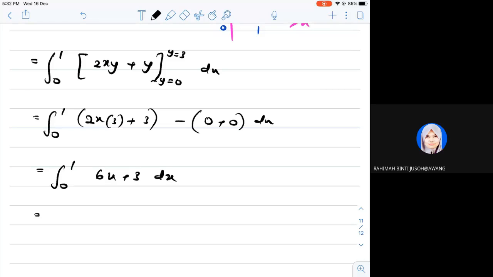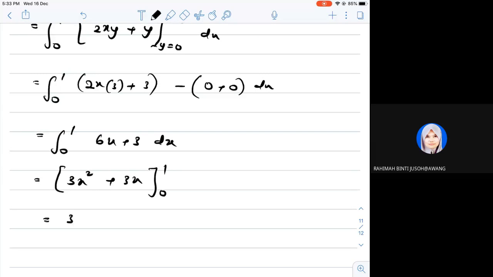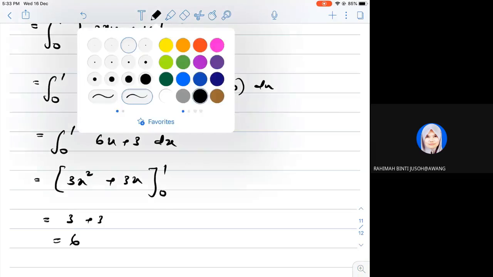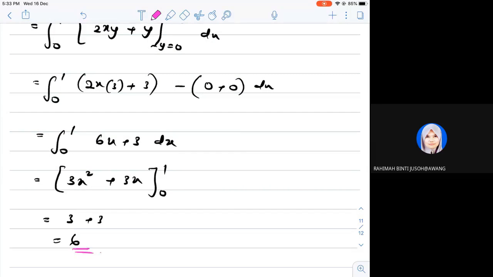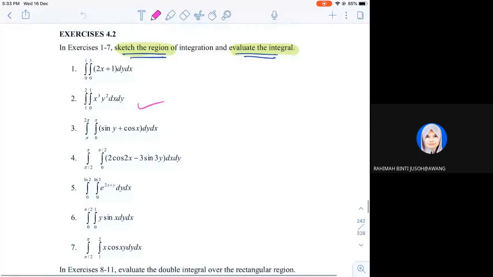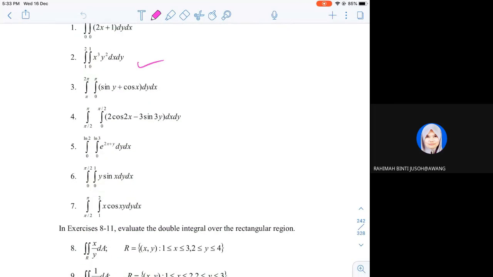Integrate 6x, we will get 3x squared plus 3x. Substitute 1 and 0, so we have 3 plus 3 equals 6. Understand, guys? Okay, so let's move to the next question.